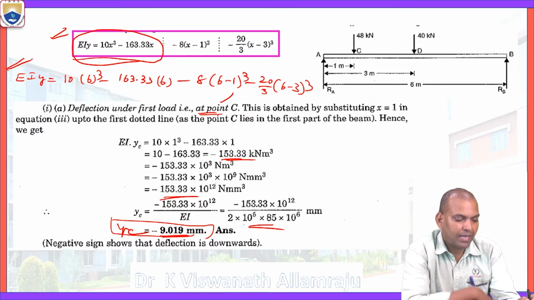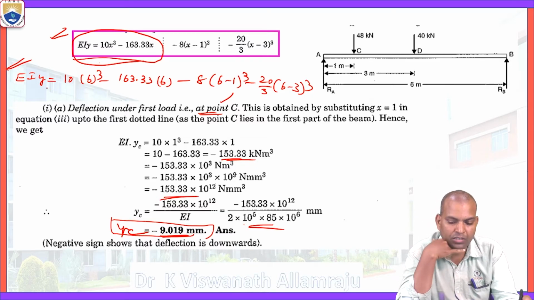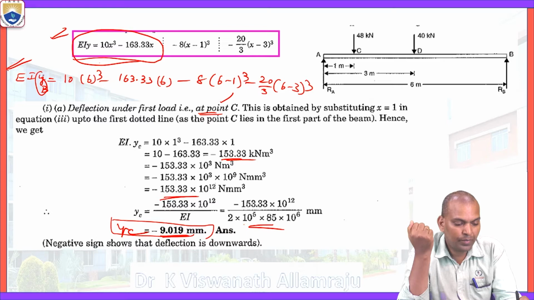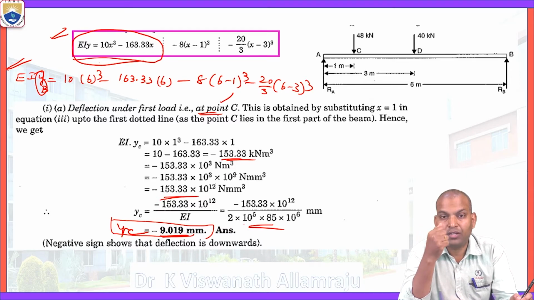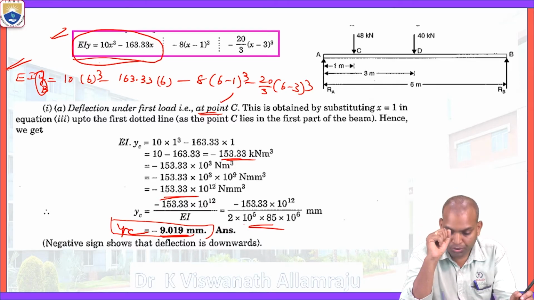Let's see what will happen here. At support, x equal to 6, we find YB, and it should come to the value of 0, because at support the deflection becomes 0.